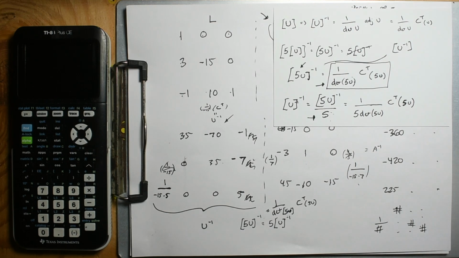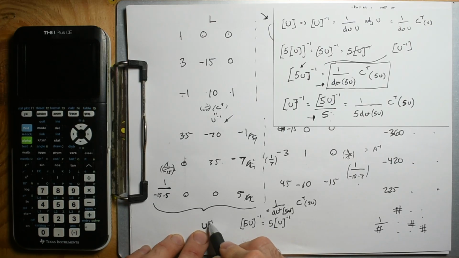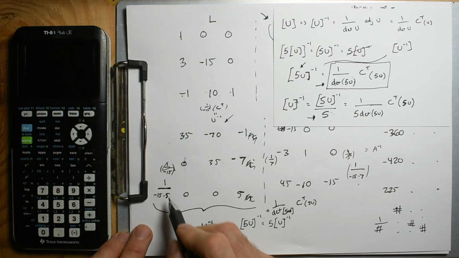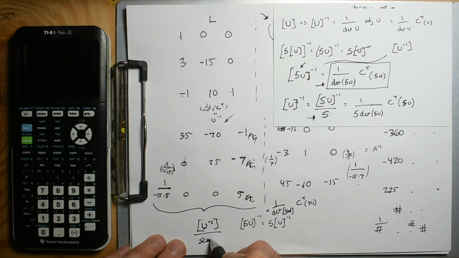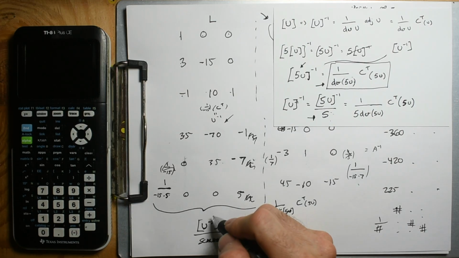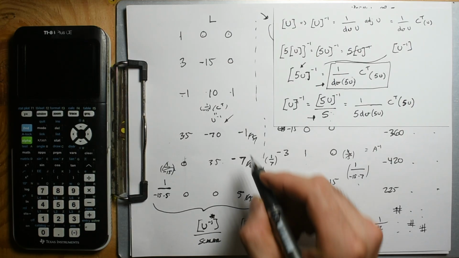Alright, I need a little bit more space now, because what we have here is what I was just considering: inverse U divided by a scalar. That's how I was considering this. Inverse U divided by some scalar. I'm going to say this is inverse U star. That's what we have here.